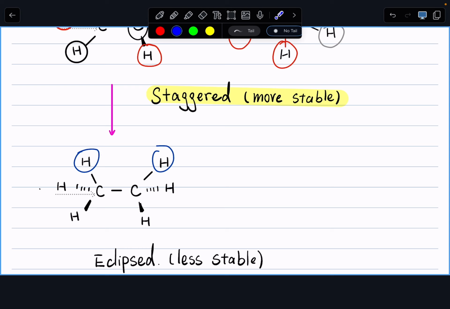In the drawing, I'm using a solid line to define my plane. Then we have two hydrogens wedged out from each other, in this case the white and the red. And then you have two more that are dashed away from the plane that we defined.